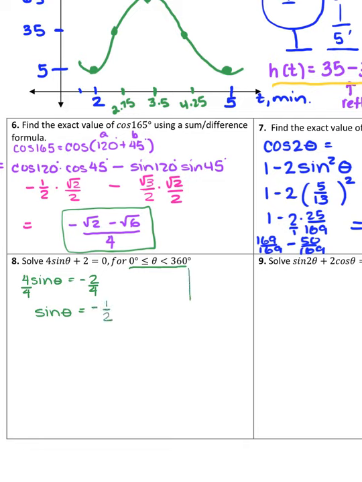And remember, sine represents the y value, so you're going to see your answers down below the x-axis. And it turns out the y value is a negative 1/2 at 210 degrees and 330 degrees. They both have the same reference angle of 30 degrees.